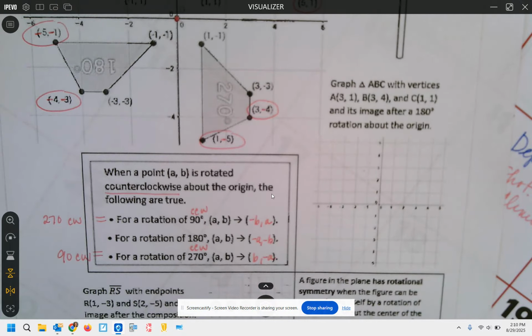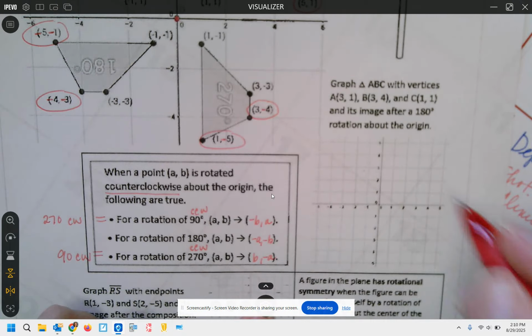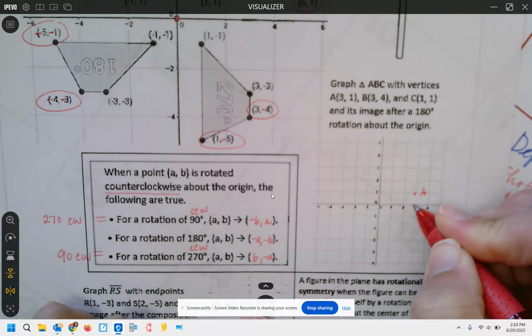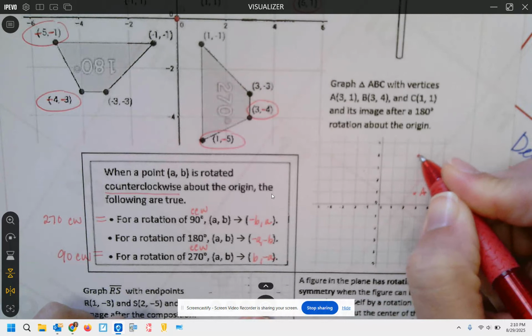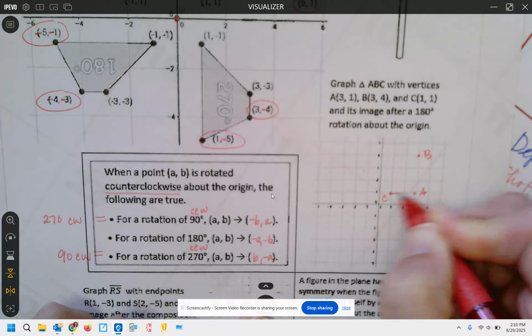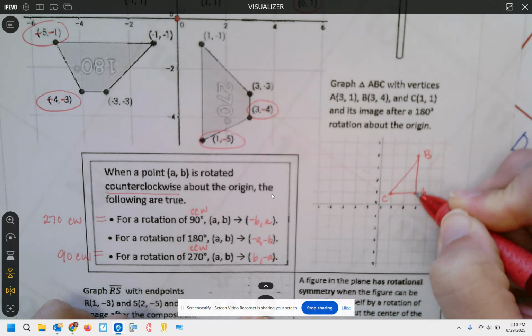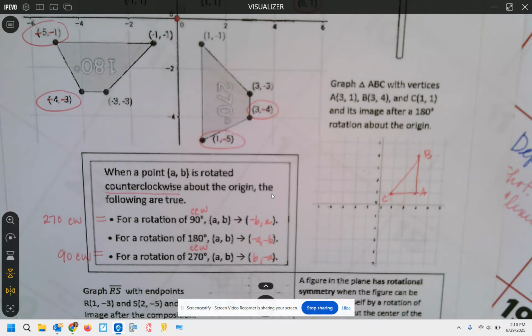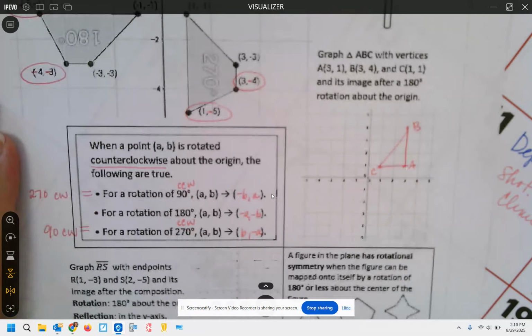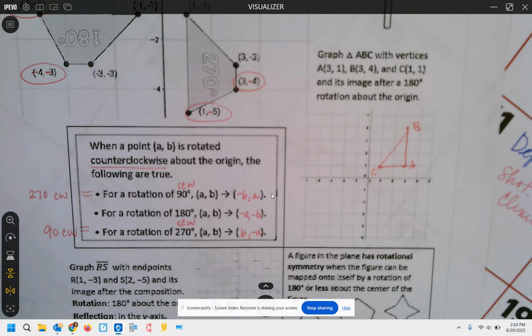We'll finish up here. It says graph triangle ABC with vertices A at 3, 1, B at 3, 4, and C at 1, 1. And we want a 180-degree rotation about the origin. Since it's 180, it's not important to say clockwise or counterclockwise.